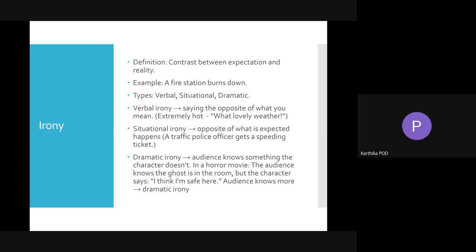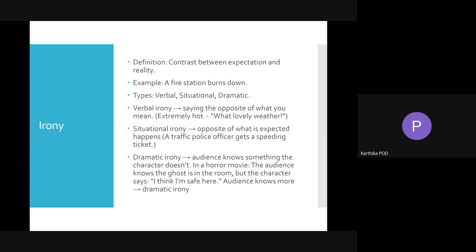Irony is, you are saying this to mean the opposite. Your expectation is it's a nice day, but the reality is it's a bad day, and you're expressing that bad day using an ironical phrase or a sentence, which is, oh, what a lovely weather.